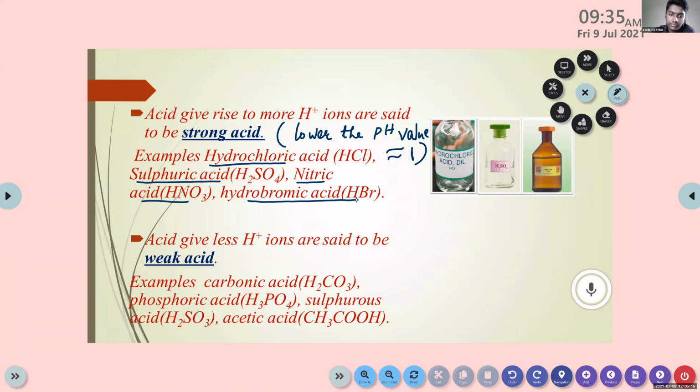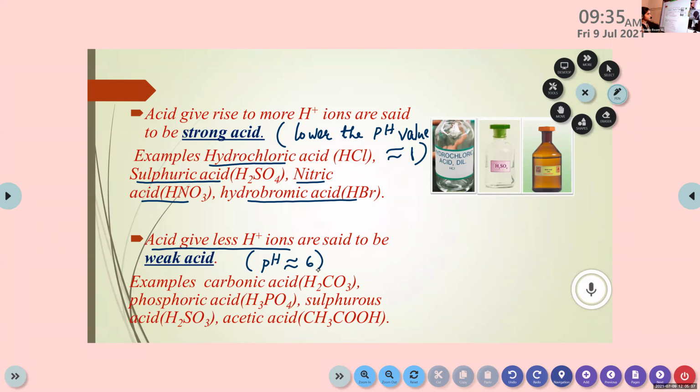Yes, ma'am. Acids that give less H plus ions are said to be weak acids. Here the pH value is approximately equal to 6 or 7.